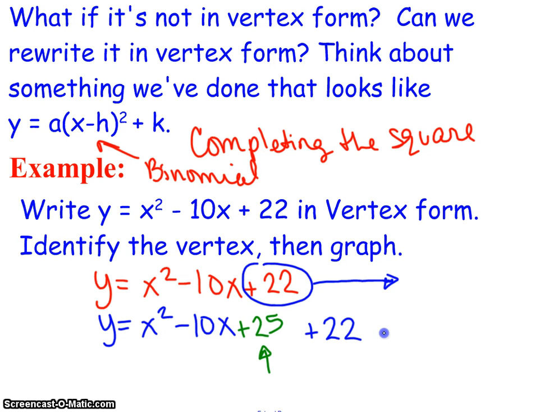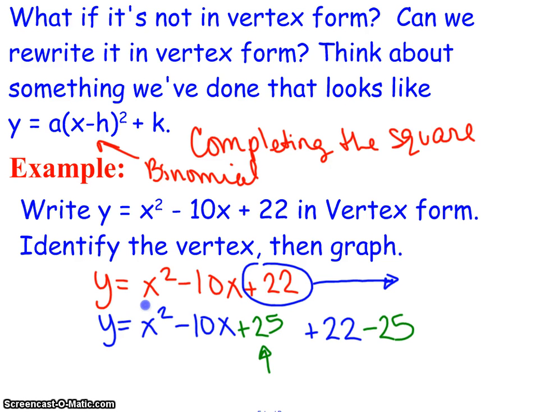How would you balance the equation? Because you're on the right side of the equal sign, if you add 25, you just made the number bigger. It's unbalanced by 25. You don't add, we need to subtract. That will balance the equation.